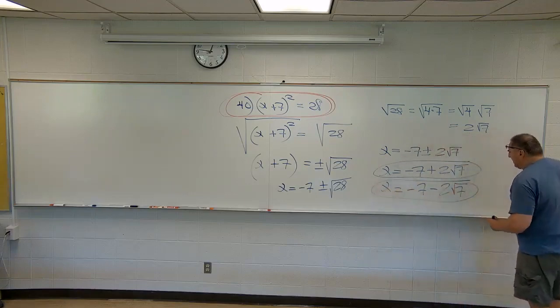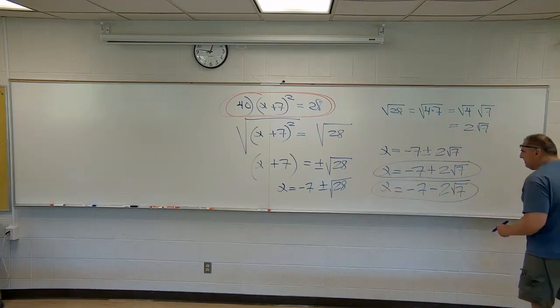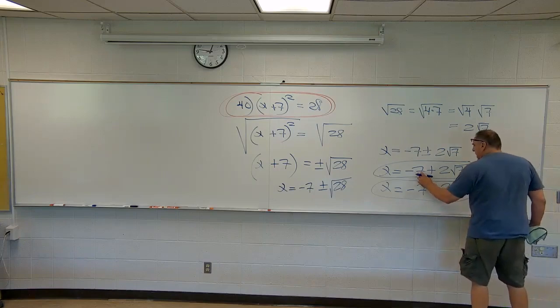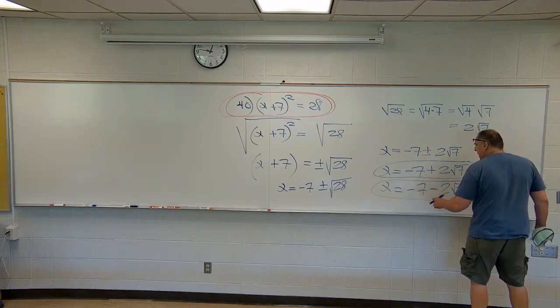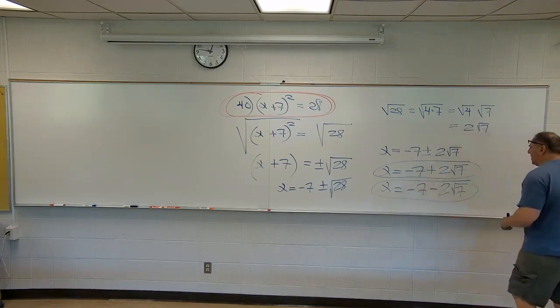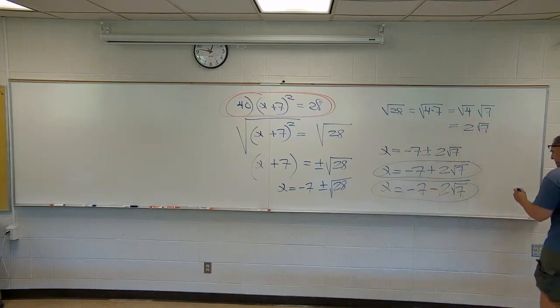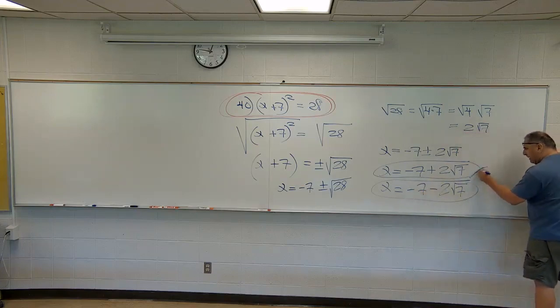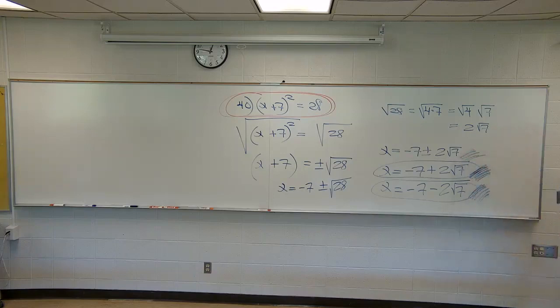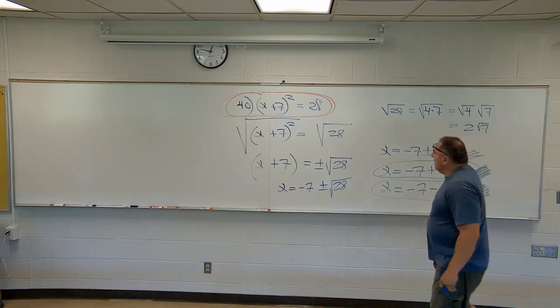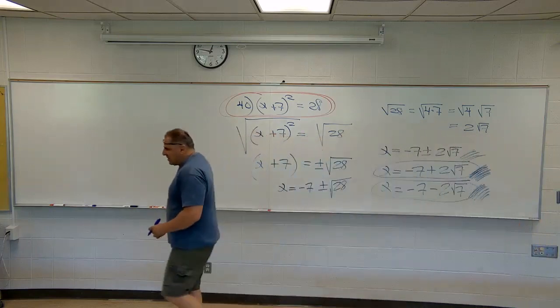X equals negative 7 minus 2 times the square root of 7. X equals negative 7 plus 2 times the square root of 7. X equals negative 7 minus 2 times the square root of 7. And that's it. Completing the square.